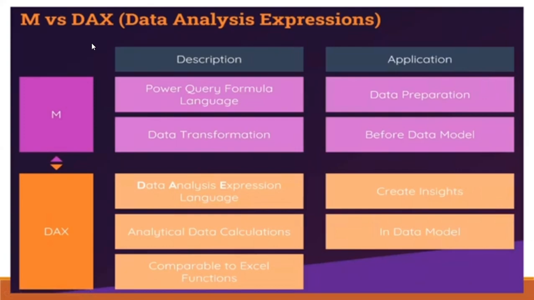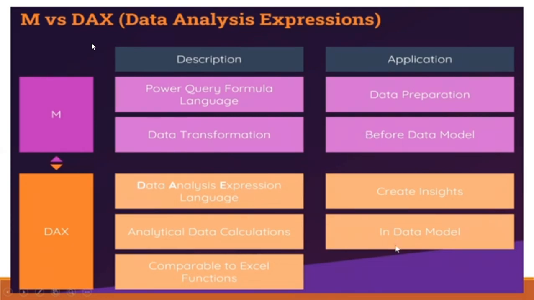And typically DAX is used after, or basically inside, the data model. Right now we have created our data model, developed using the multidimensional star schema. After you create the data model, you will use the DAX language. So this is the difference: M language is used before you create a data model, and DAX language is used after.